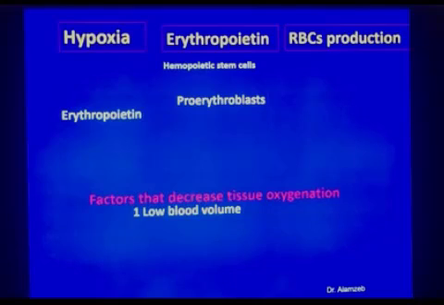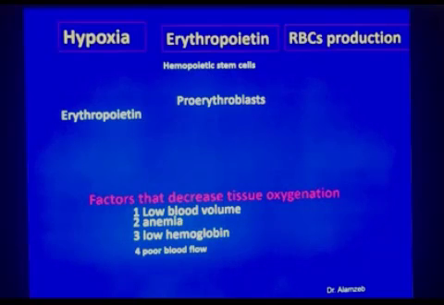When the blood volume is low, as in hemorrhage, it causes low blood volume, low RBC count, and low hemoglobin, so it causes production of erythropoietin. Anemia means that the volume is normal, but either the red blood cell count is low or the hemoglobin concentration in the RBC is low. So this causes production of erythropoietin.